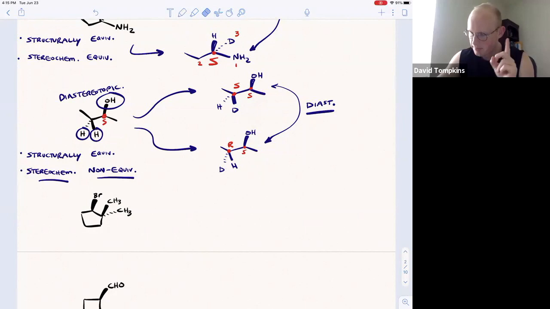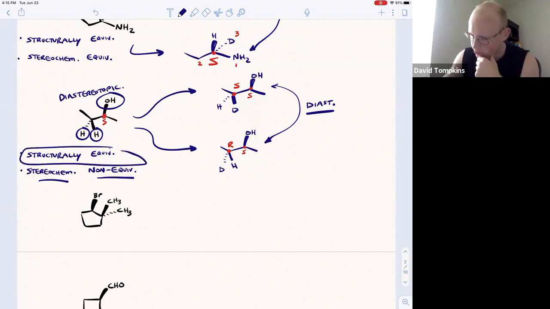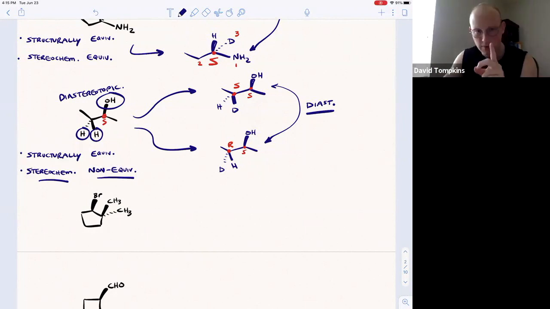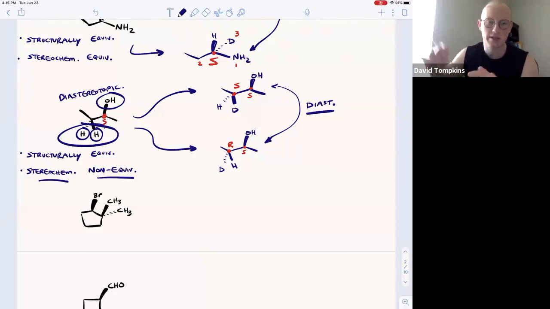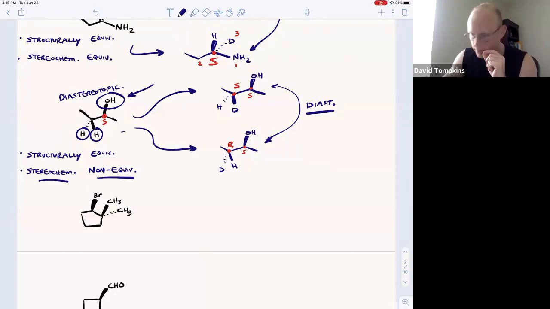So diastereotopic is best summarized as being protons that are the same distance from all other groups, or structurally equivalent, while having some spatial difference, or three-dimensionally, these protons don't see the two faces of the molecule in the same way. One of them sees the alcohol. That's the one that's gauche to it. The other one does not see the alcohol because those groups are anti.